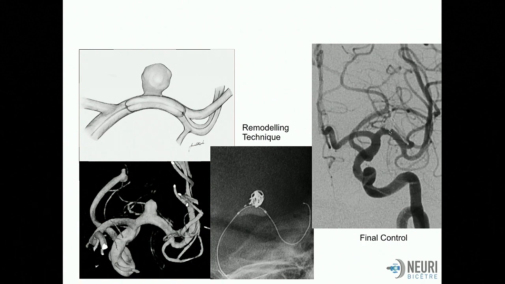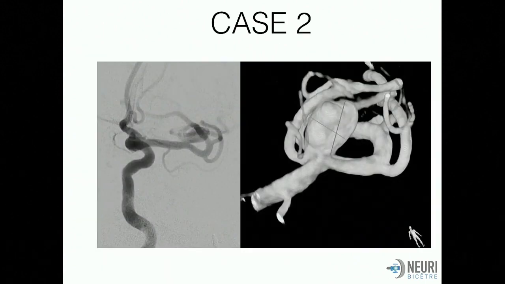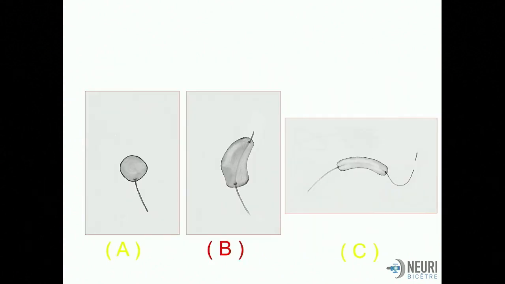Second example is when it's not in front of the neck. So it will be impossible to catheterize the branch. So in this situation, we use a compliant balloon, for which you have to be very careful because they are dangerous, because you can have a dissection.